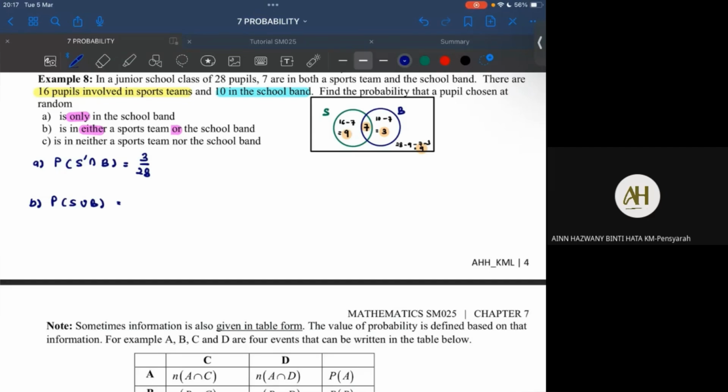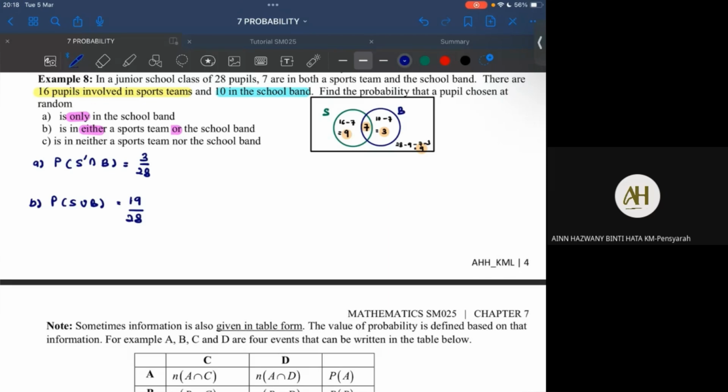Nama pun PS Union B, maksudnya sports team dan juga band. Semualah, so apa yang kita kena buat ialah 9 plus 7 plus 3 dekat sini. Okay, so apa yang kita ada dekat sini 9 plus 7 plus 3, kita ada 19. So this is straightforward 19 over 28.